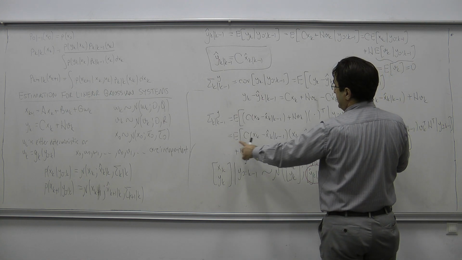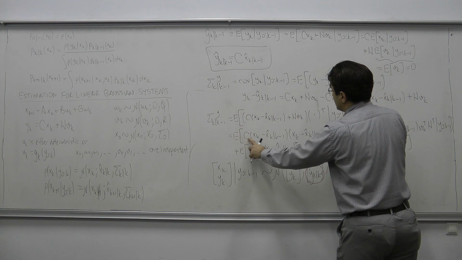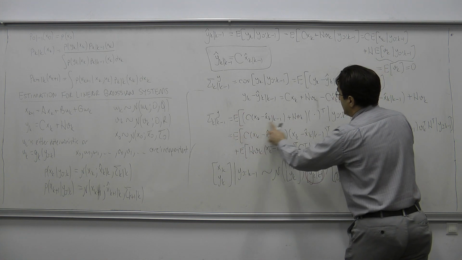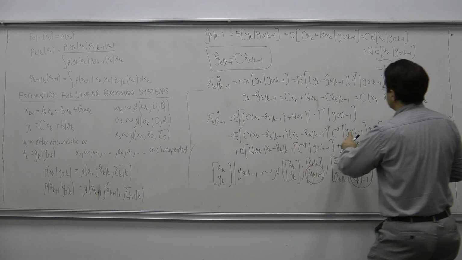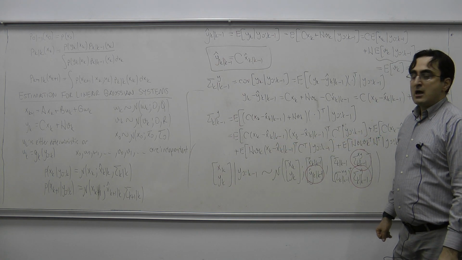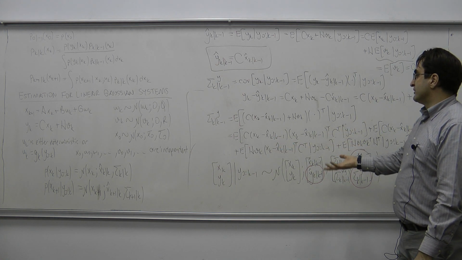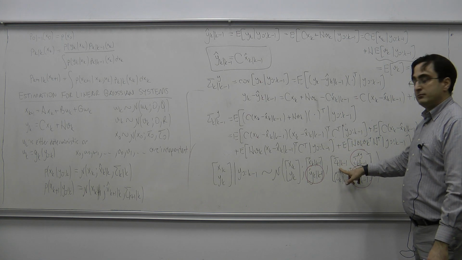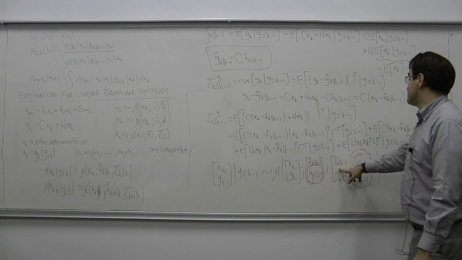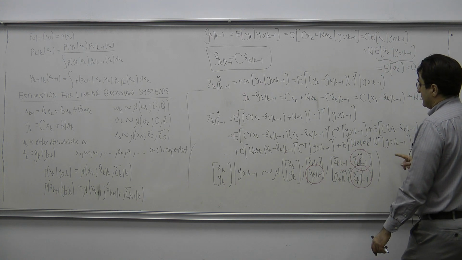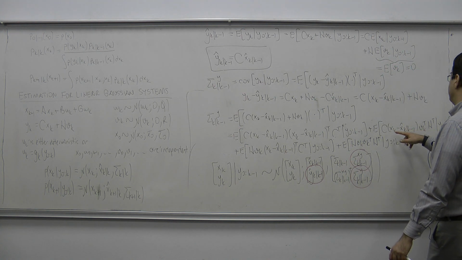And then I need to calculate the expected value of this quantity given y0 to k minus 1. But that is nothing but my covariance sigma k given k minus 1. This covariance, okay? And what about this expectation?